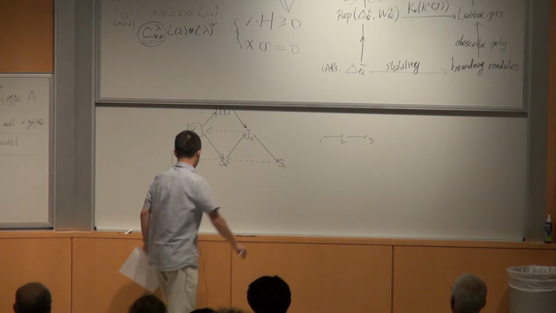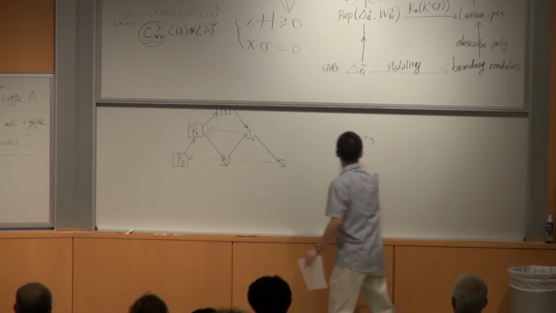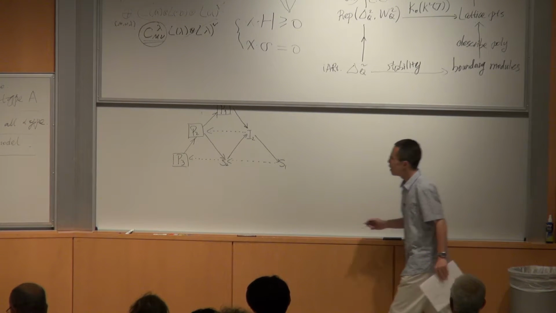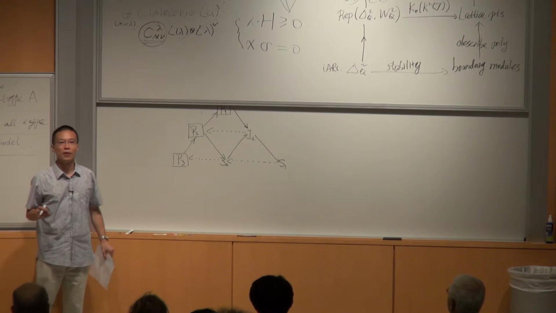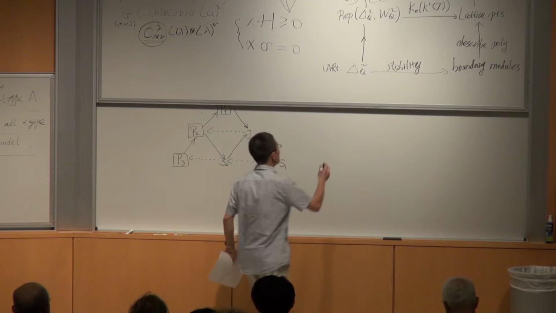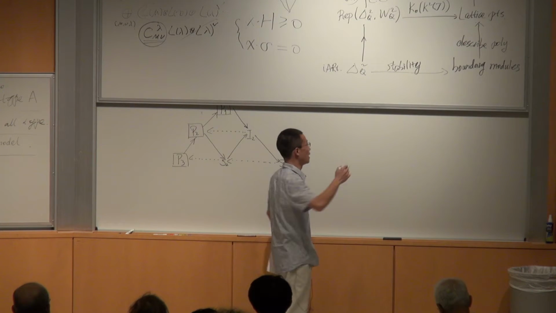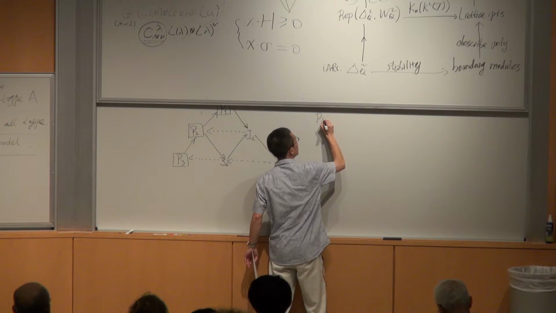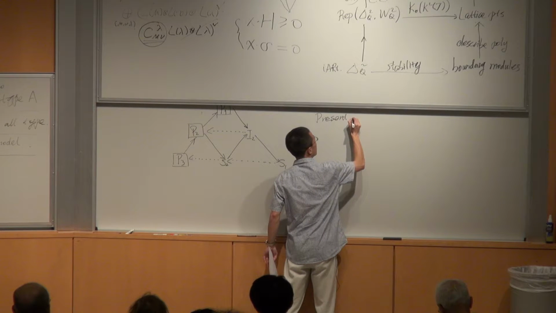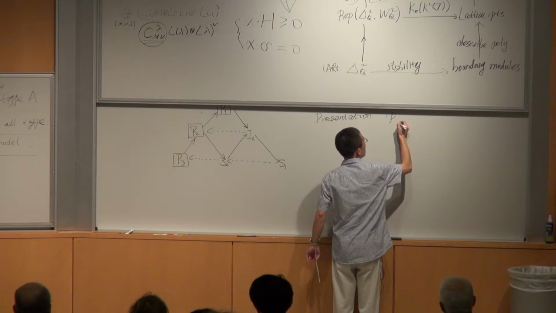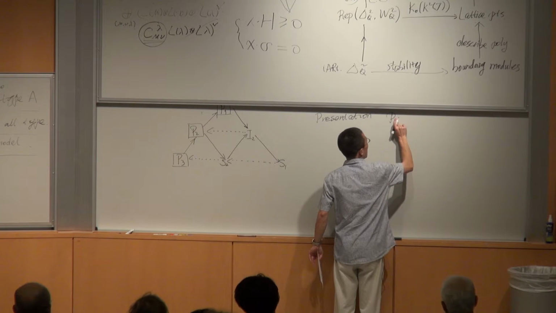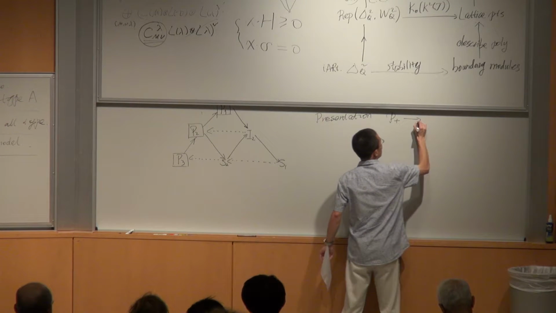But today, I'm going to consider something slightly different. Instead of representations, I'm going to consider presentations. So what is a presentation? This is just a morphism from one projective to another projective, from, let's say, P plus to P minus.